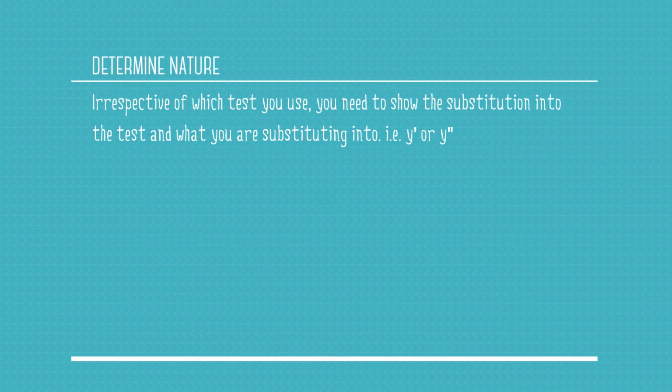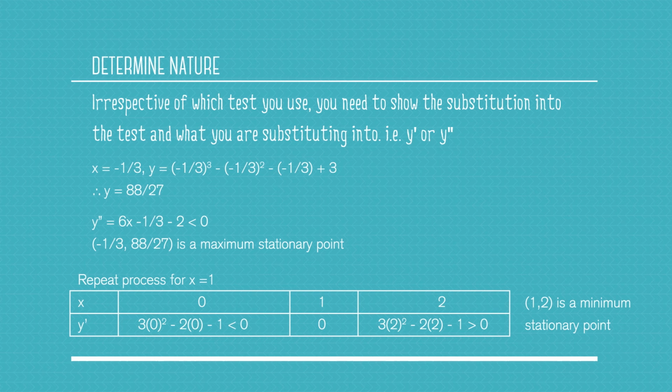But you need to show the substitution into the test, and you need to show what you are substituting into. You cannot just write down a series of numbers that are added together. If you are dealing with the first derivative test, you've got to write dy/dx or y dash. If you're dealing with a second derivative test, you've got to show y double dash equals and show the substitution.